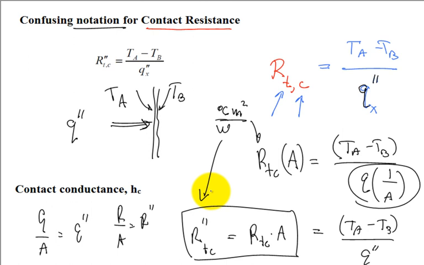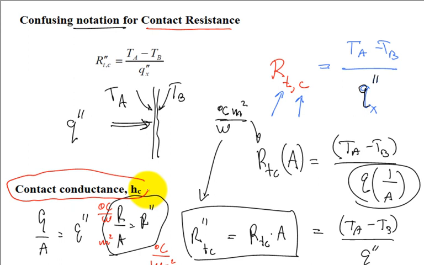But if somebody said, here is what you would expect the definition to be, you would expect to have units of degrees C per watt. I divide by A, meters squared. I would expect R double prime. If nobody told me what it was, I would expect it to be degrees C per watt meter squared. See that? Why it's confusing? I would have preferred the book, and a lot of the literature uses contact conductance, but this book really doesn't.